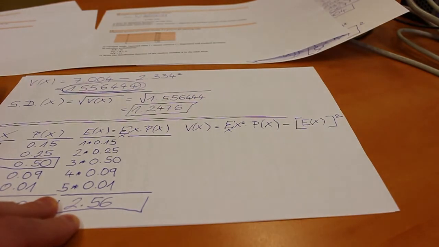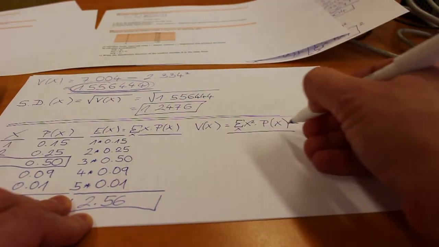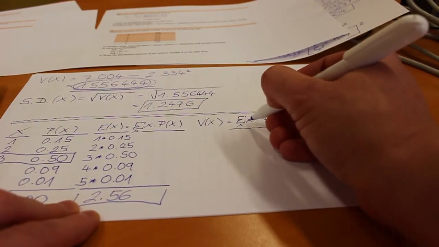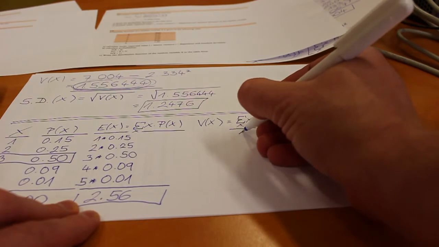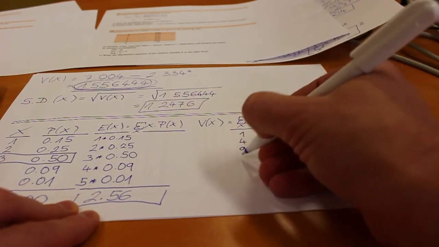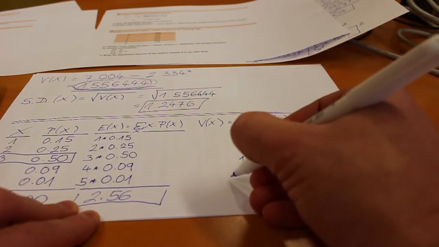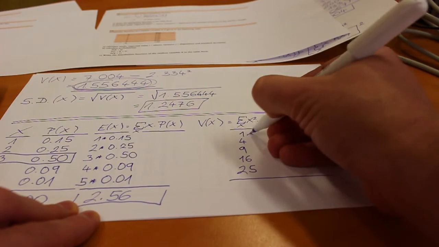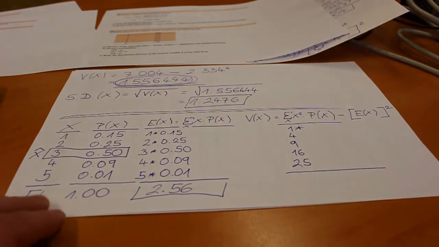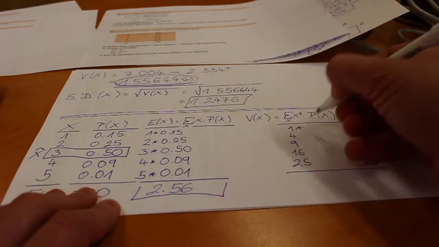Okay, so this part will be calculated here. So squares of variable x: 1, 4, 9, 16, 25. Okay, times probabilities. You must use probabilities, not anything else.